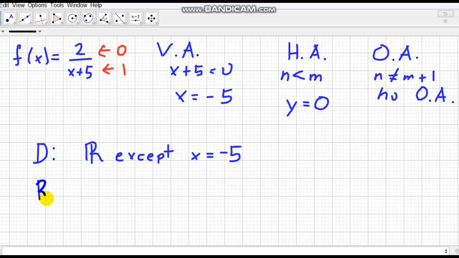For the range, it's the same thing: all real numbers except y equals 0. Since for the range, it uses all values of y except for y equals 0.